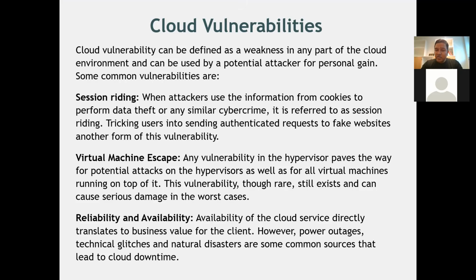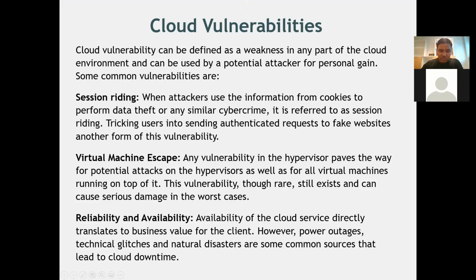The vulnerability of the hypervisor: if there is a side-channel attack on the software used by the cloud provider, then the cloud service can also be vulnerable. It is rare, but it has happened a very few times. It can cause serious damage.